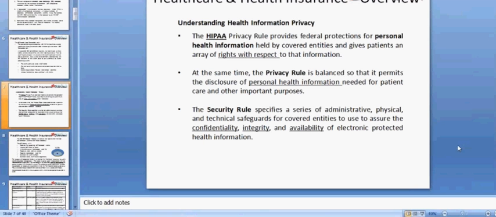And that means one thing is about the rights, and the second thing is about privacy. It is balanced so that it permits the disclosure of personal health information only appropriately. For example, if I'm working for a company and I have a severe health issue, like cancer or HIV, and I'm getting treatment outside, my employer does not know the details of the suffering that I'm having, right?